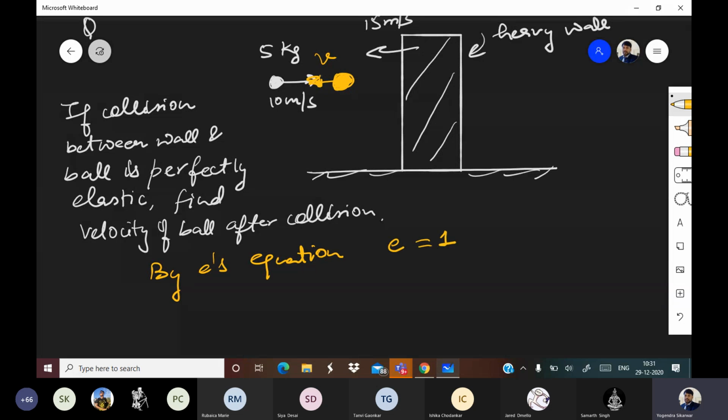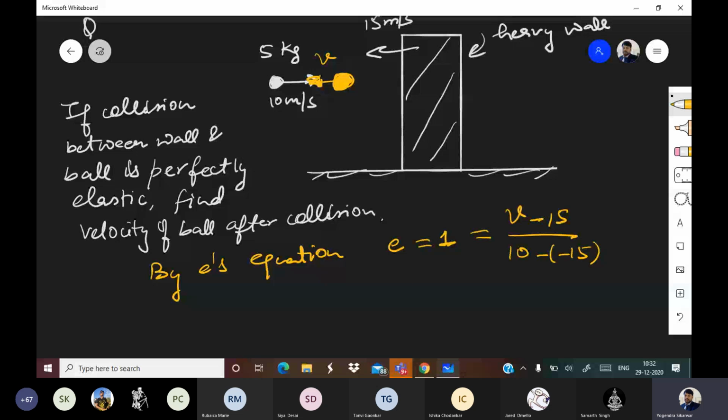E is equal to 1 because collision is perfectly elastic, is equal to velocity of separation, V minus 15, upon velocity of approach. How much is velocity of approach? That is 10 minus 15, right?